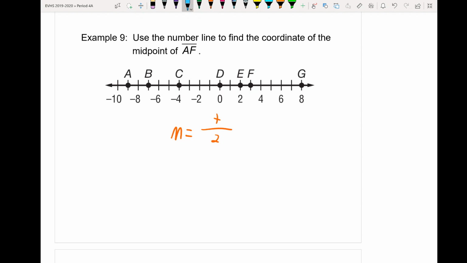Okay. A is at -9. F is at 3. So the midpoint is at -9 plus 3, which is -6, divided by 2, which is at -3. Pretty simple on a number line. Just average the two.